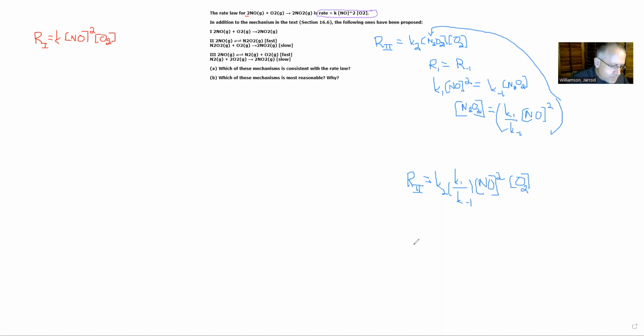If I do that, let's see if I did that right. Wait a minute, let me take a look here. If I did that, that also looks consistent with this mechanism, right? That looks consistent too. That's interesting.